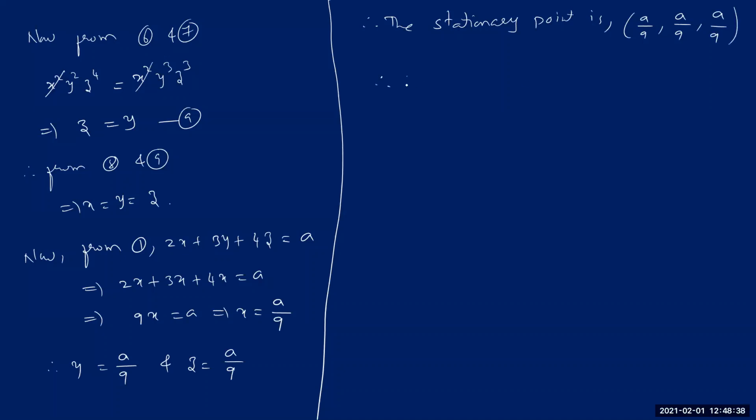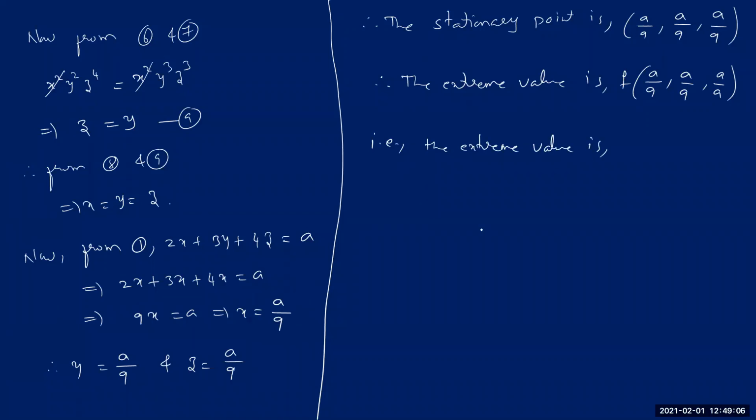Now the extreme value is f at this stationary point, a by 9, a by 9, a by 9. So now we substitute this and see how much it is.